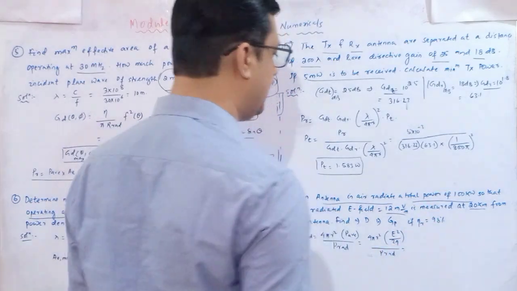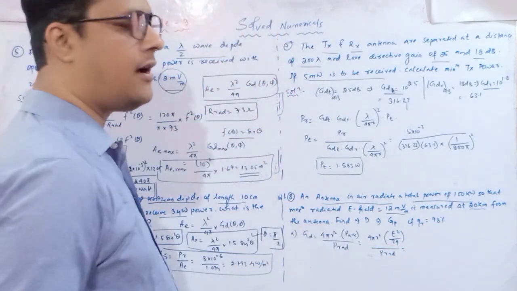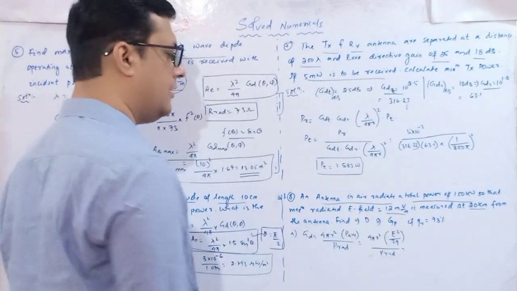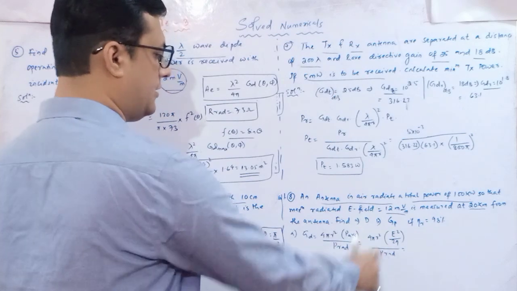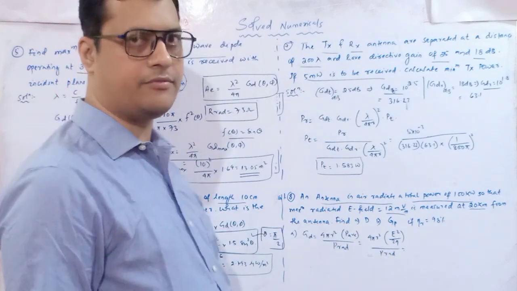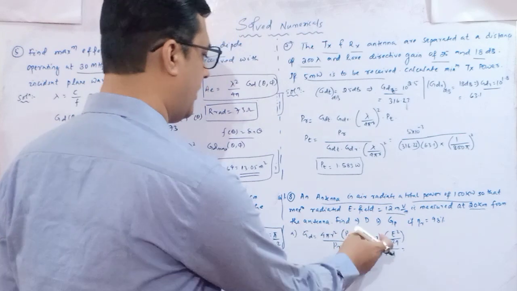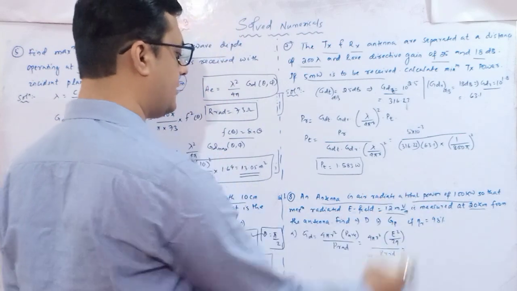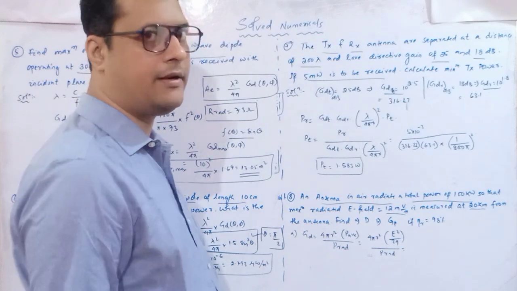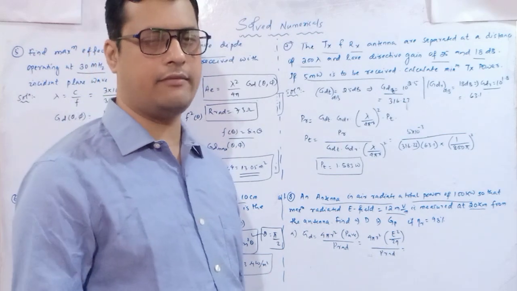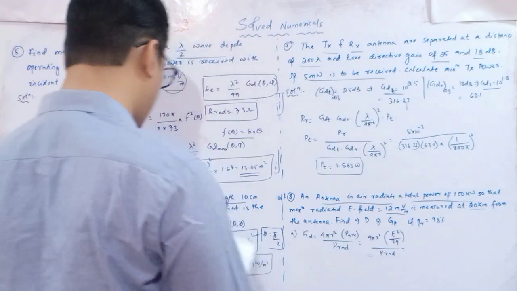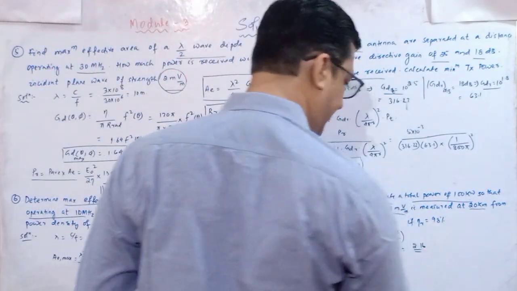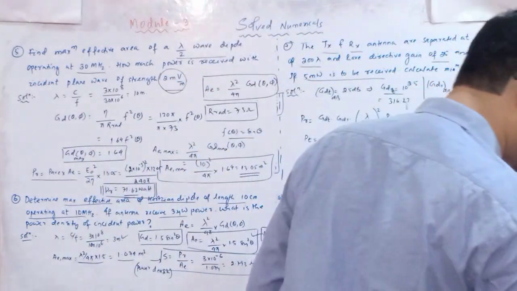The total power radiated is given as 100 kilowatt. Here E is the electric field, 12 millivolt per meter, that you can substitute. In place of eta you can substitute 120 pi, and the distance R is given as 20 kilometer, and radiated power is 100 kilowatt. So you can determine GD easily. Once GD is known, directivity is also known. If you solve this, you will get GD equal to 2.16.